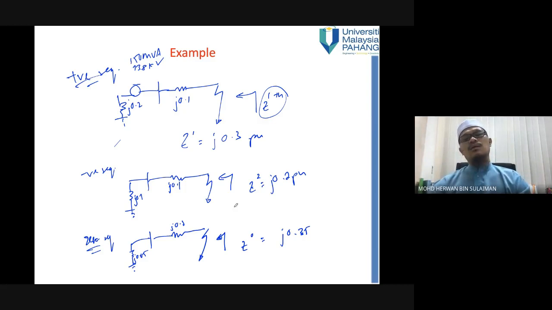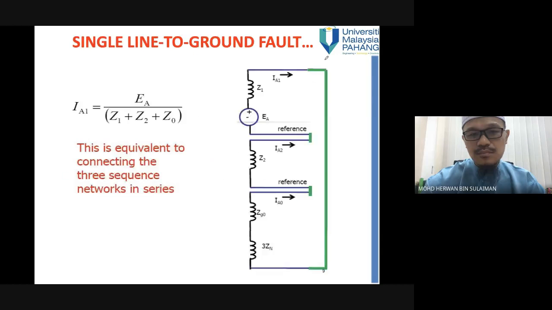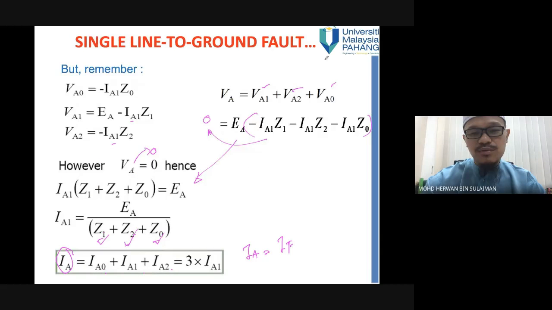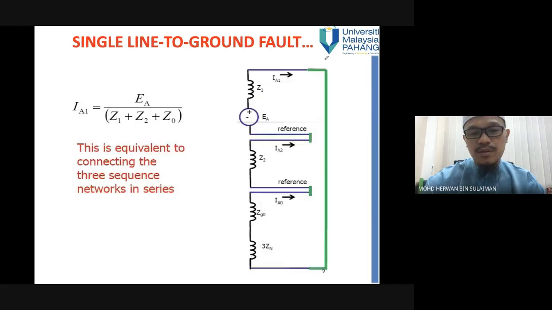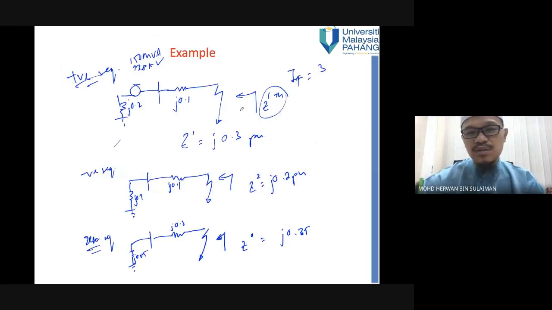So from here, we just apply our equation to find the fault current. Fault current is 3 times EA, right? EA in terms of per unit is normally 1 per unit. So 3 times EA, we divide by Z0 plus Z1 plus Z2. So it is 3 divided by J 0.35 plus J 0.3 plus J 0.2.